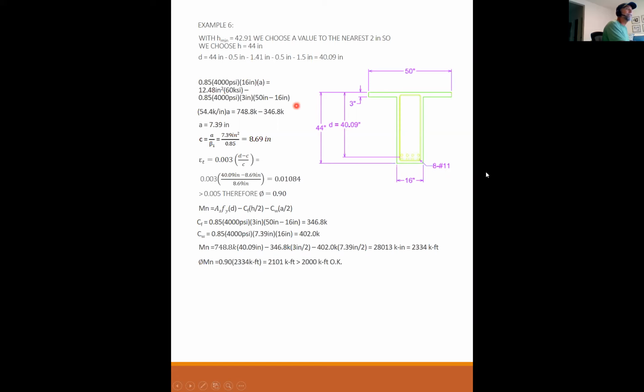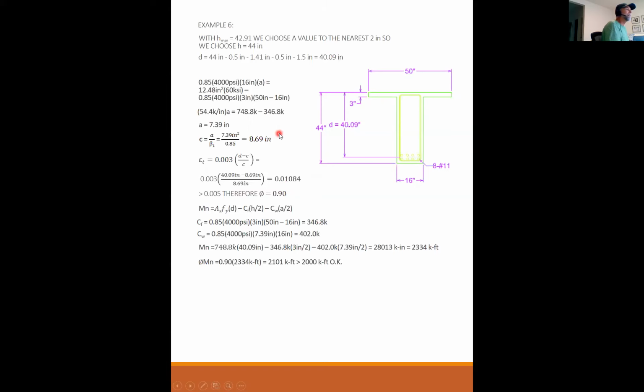We kind of honed in on this solution. And that's what the 0.125 was for, to help us get to this section. So once I got to this section, 44, 16, 8 number 11s, and then I run through and calculate what epsilon sub t really is, I'm saying this is close enough at this point.